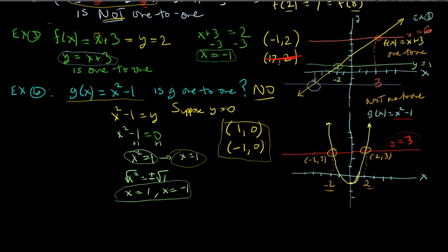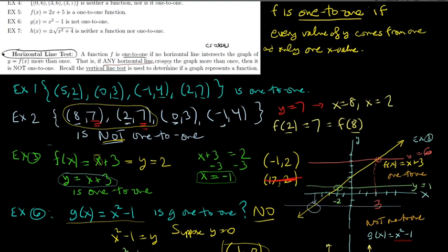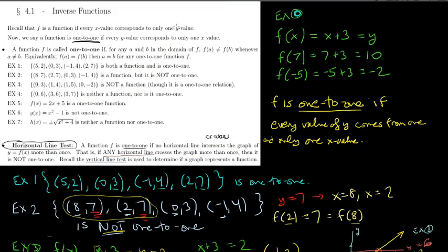Because this crosses twice, which is more than once, it's not 1-to-1. Okay, so I hope that at least explains somewhat what 1-to-1 means. 1-to-1 just means every y comes from only one x. So don't get that mixed up with every x has only one y. That's going to happen for any function.